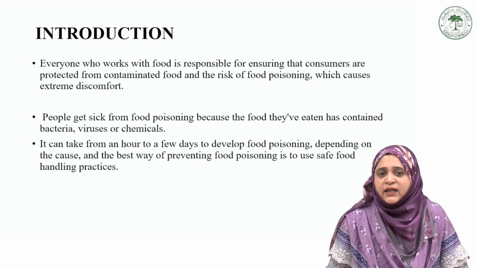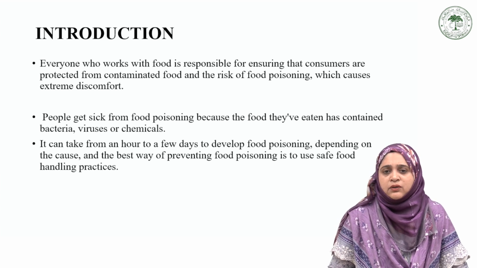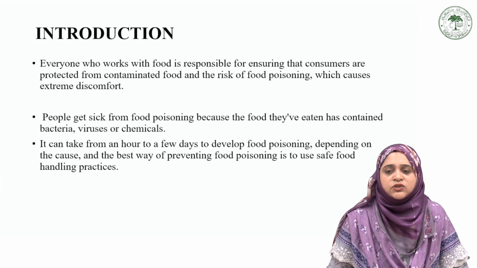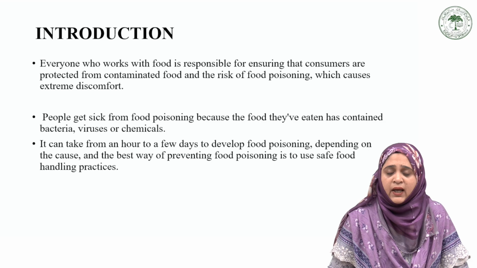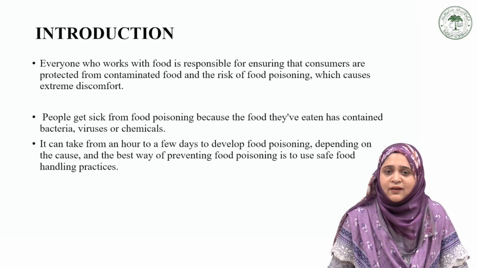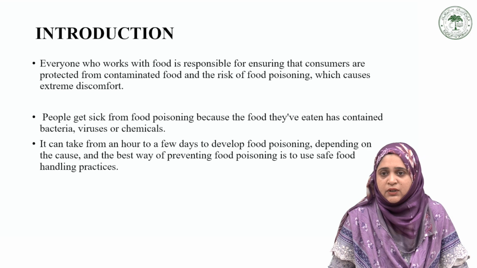So, dear student, as we know, everyone who works with food is responsible for ensuring that consumers are protected from contaminated food and the risk of food poisoning, which causes extreme discomfort, absence from work or school, and in some cases, death.